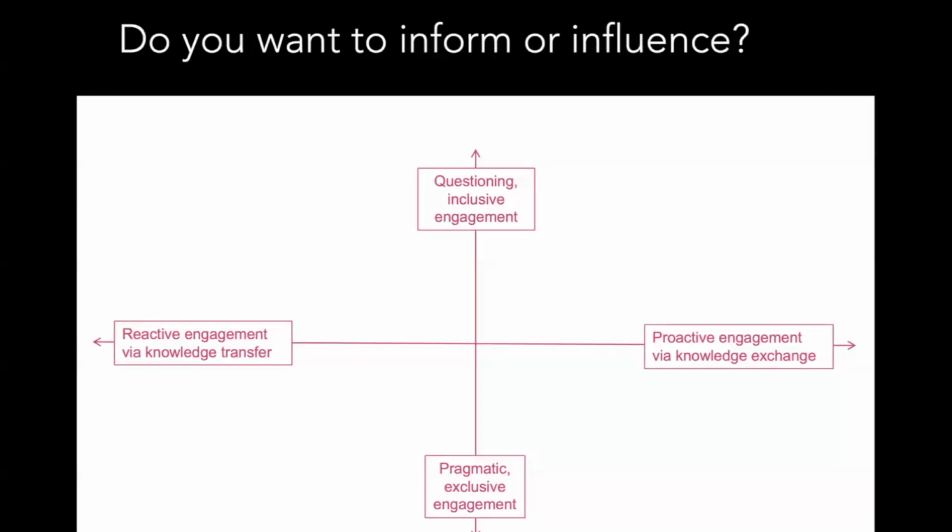And so I want to again validate that it is entirely appropriate to take a pragmatic approach and to only focus on engaging with a small number of people and organizations, as long as you take a systematic approach to that. And we're going to look at that after the next break.